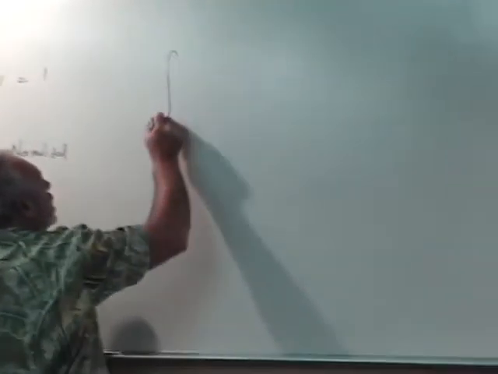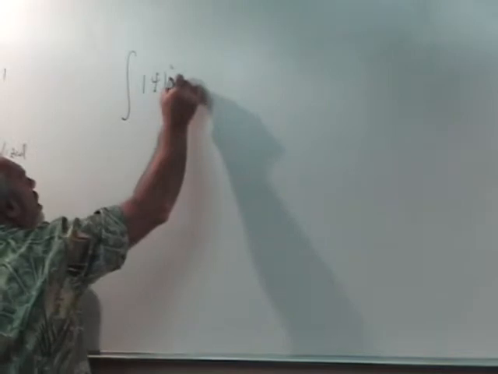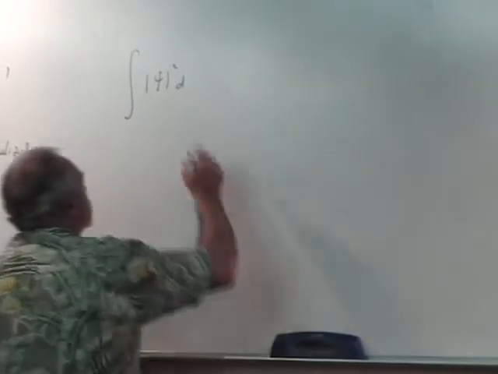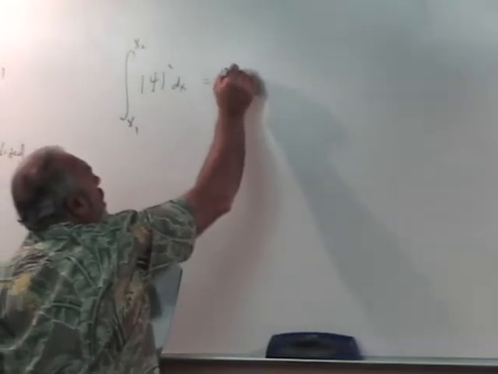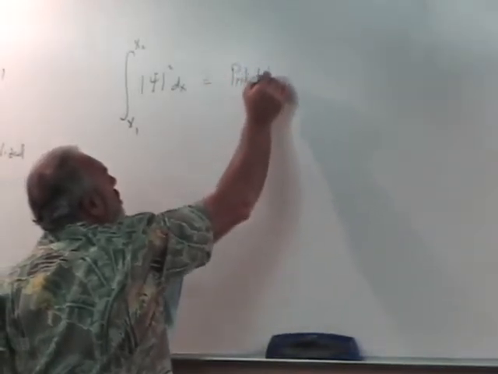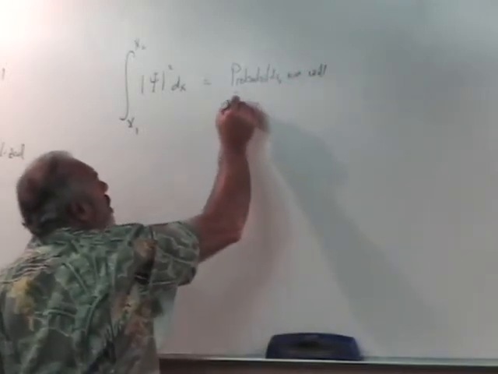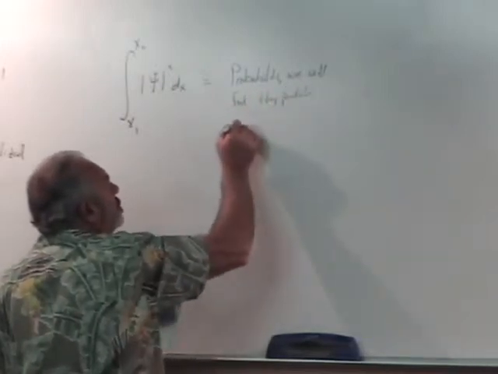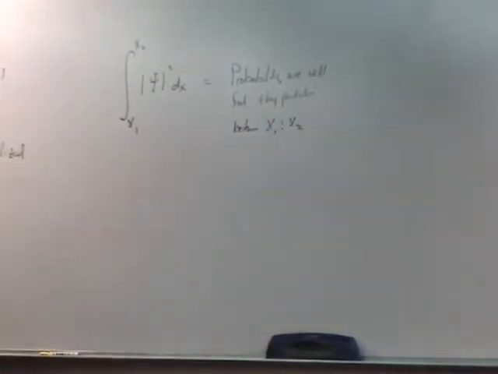Of course, if I write it like this, here's the integral of psi squared dx, from x1 to x2, that's the probability we will find a particle between x1 and x2.